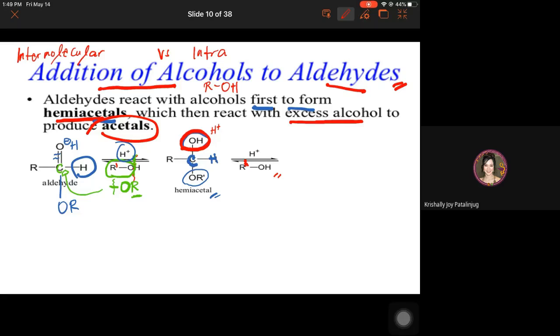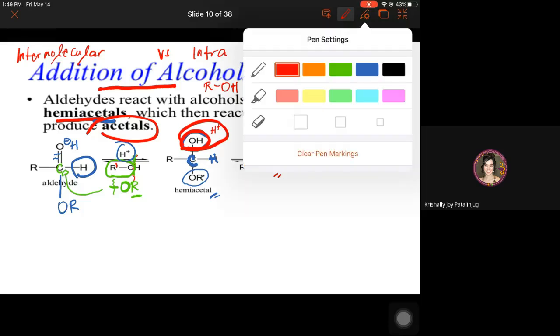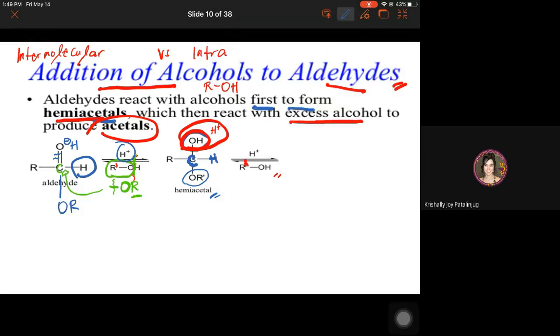Now, what forms once it has the proton? Two H and an O. What molecule is that? If the OH is protonated, it becomes two H and one O, water. Very good. Water is a stable compound, right?